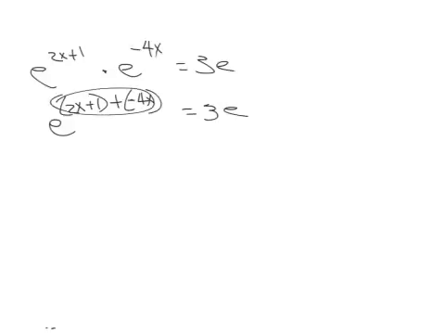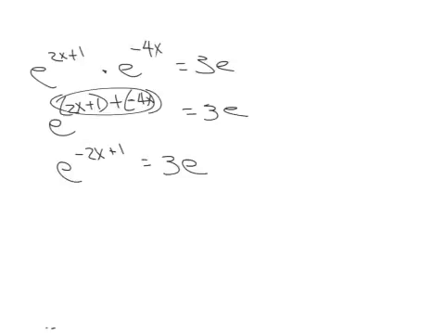Alright, so let's add those exponents. 2x minus 4x is negative 2x plus 1 equals 3e. That e is not an exponent. Okay, so that gives me that. That looks a little bit better.